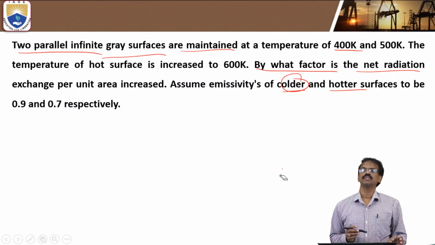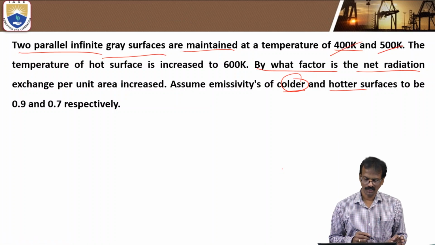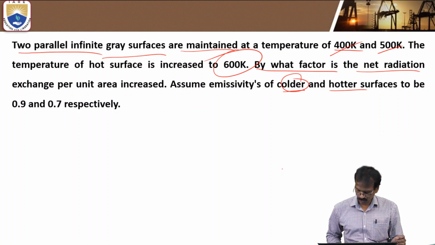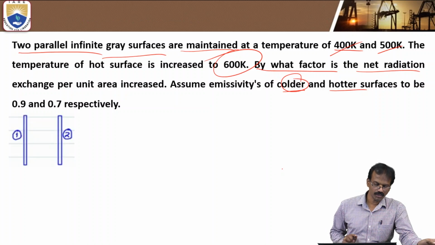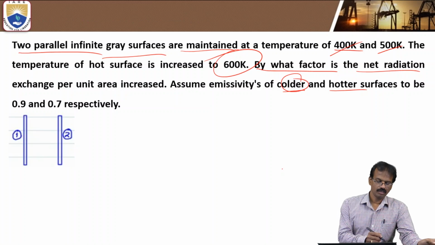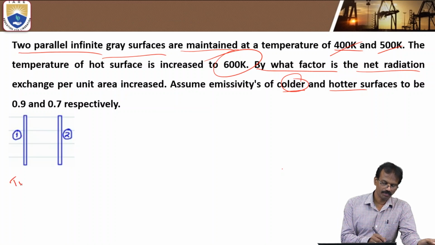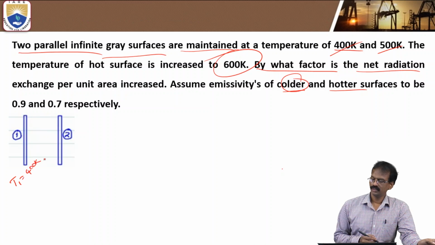One is the initial temperatures, the temperature of the first body and the temperature of the second body. Next is the increased rate of heat transfer at the increased temperature. So first we will see, these are the two surfaces. Temperature of the first one, T1, is equal to 400 Kelvin.